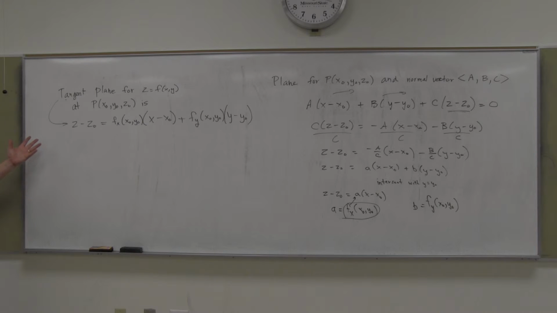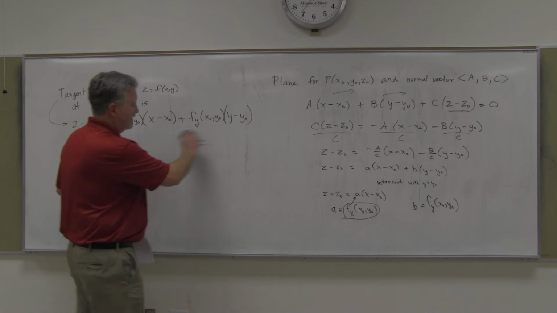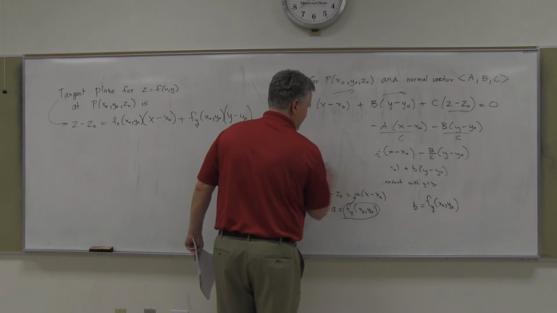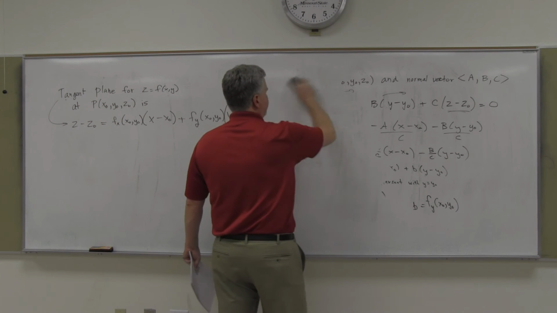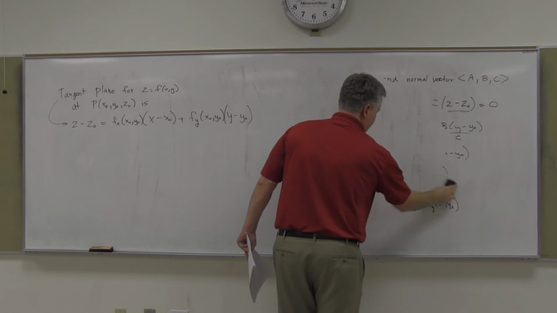And it also resembles the point slope form of a line, right? y minus y0 equals m times x minus x0. So we've just extended it to 3 dimensions, if you will. The formula looks long and complicated, but really it's pretty nice.